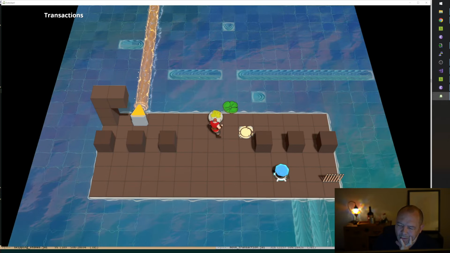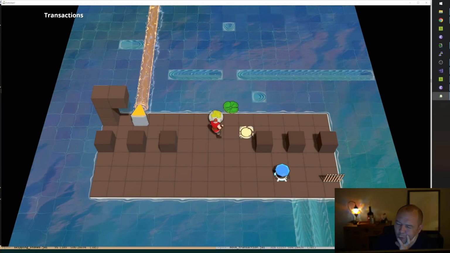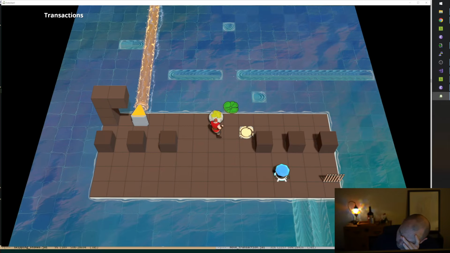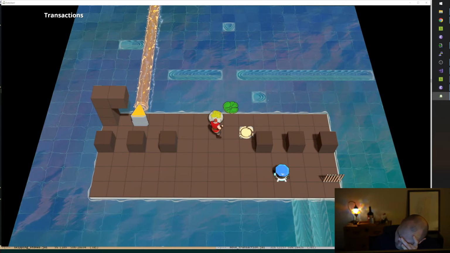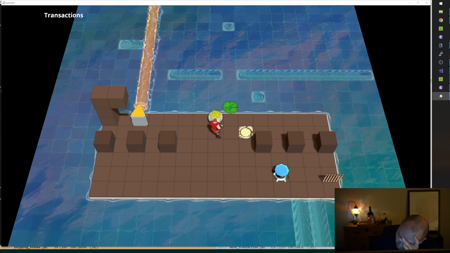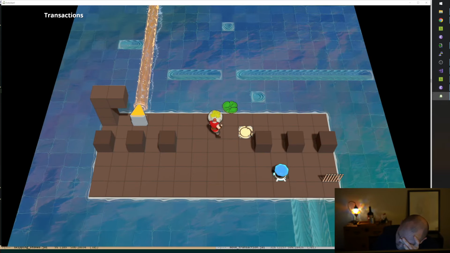While it's skipping to Stone B, the Lily moves into the other square, but doesn't finish yet. Stone lands in Stone B while Lily is in the other square but not finished. So Stone finishes, Lily's not there. Lily finishes, Stone's not there.